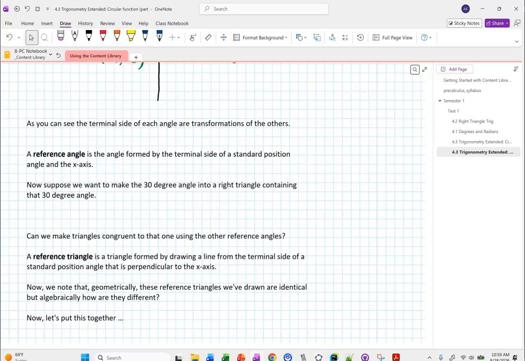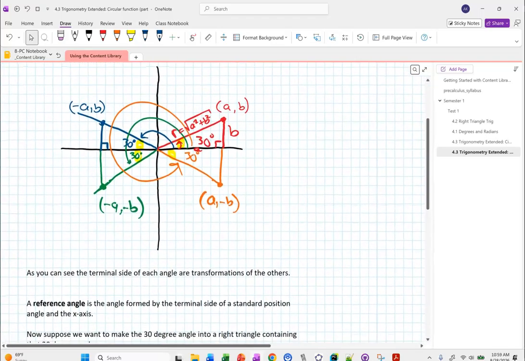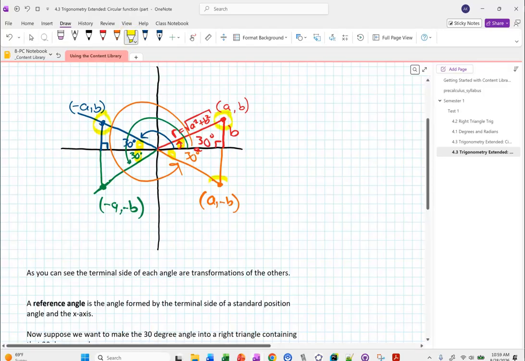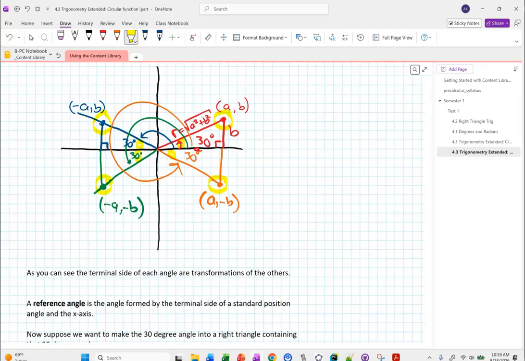But what about algebraically? How are they different? What's different about these triangles? Let's move back up to look at this, because there's an algebraic difference. Max, do you see? They have different points. Yeah, exactly right. The point on the terminal side to make the triangle is different, right?